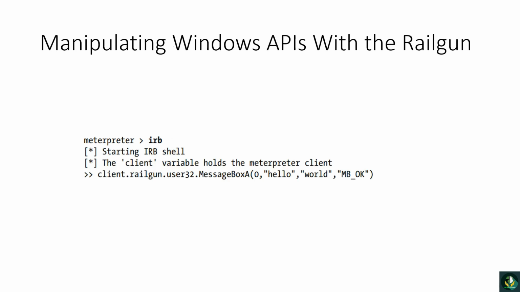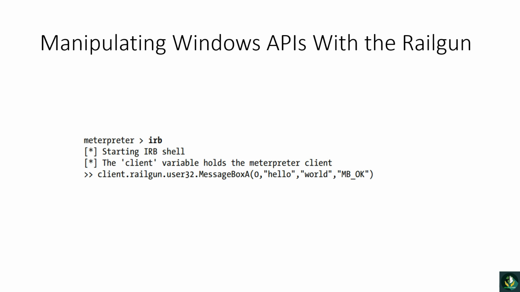You can interface with any Windows native API directly through a Metasploit add-on called Railgun, which was written by, I think, Patrick HB. By adding Railgun to the Metasploit framework, you can natively call Windows APIs through Meterpreter.